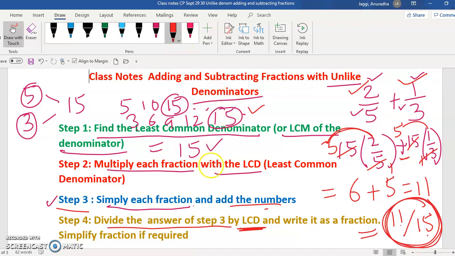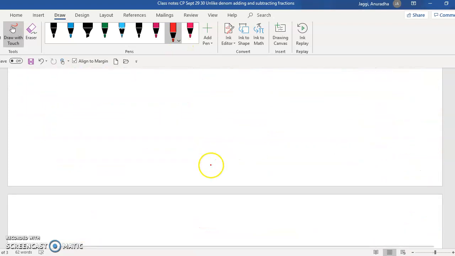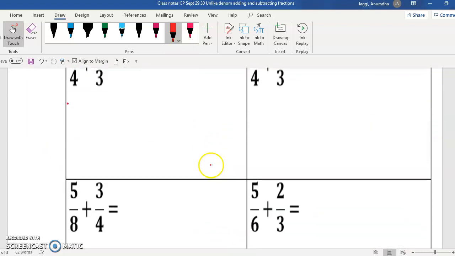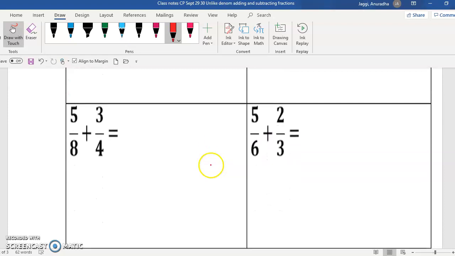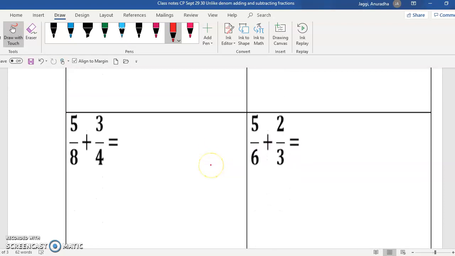Okay, let's take up some more examples. One addition and one subtraction. So I'm going to take up this example. Step 1. Find the least common multiple of the two denominators, which is also called the LCD.